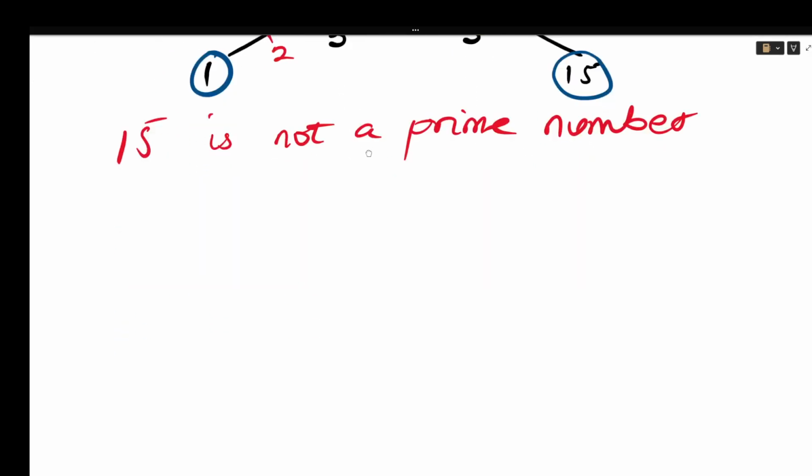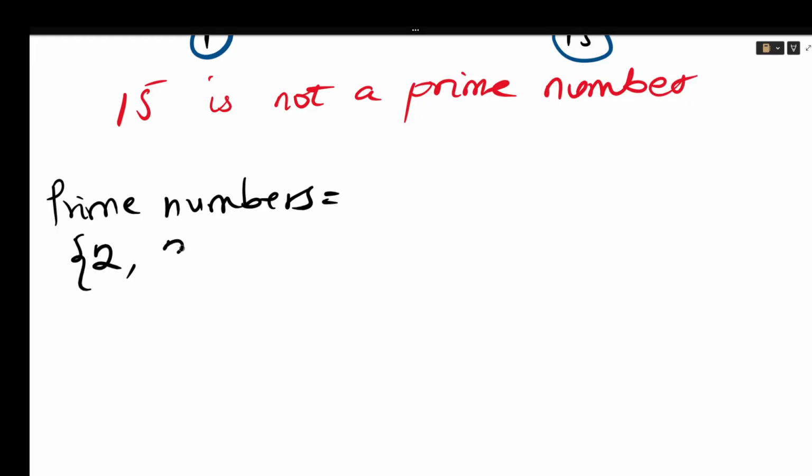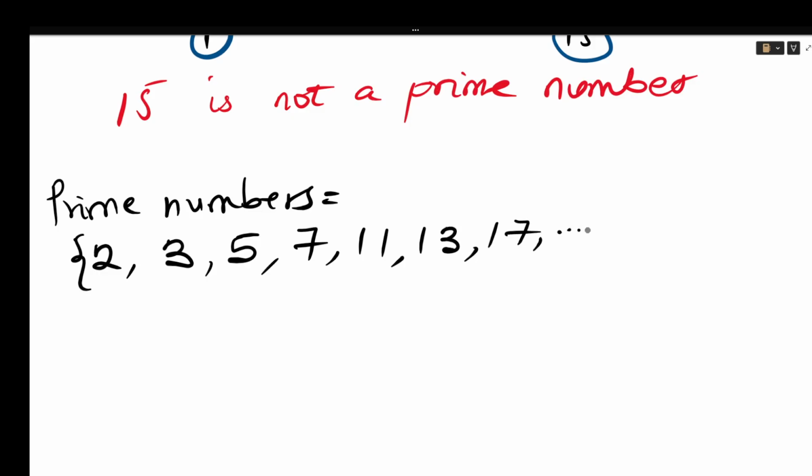So let's see what our prime numbers are. They begin from 2. So we have 2, 3, 5, 7, 11, 13, 17, and so on and so forth.